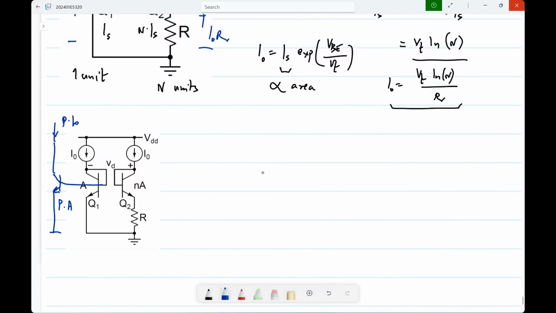P times I naught. What will be the GM of this transistor? It will be log n by R. So the bipolar transistor's GM is proportional to the current.